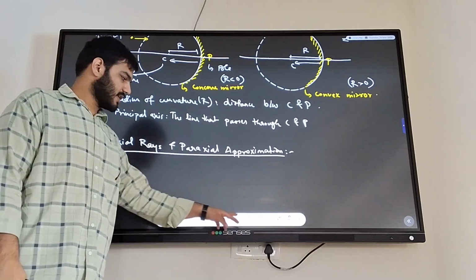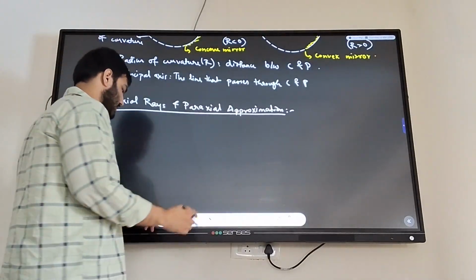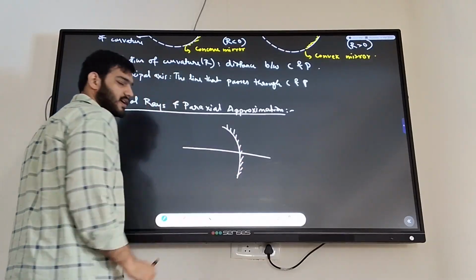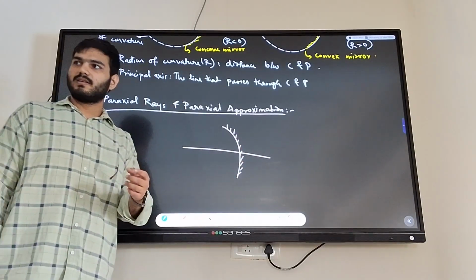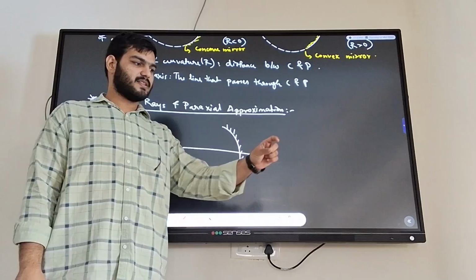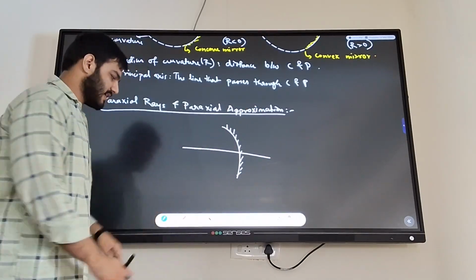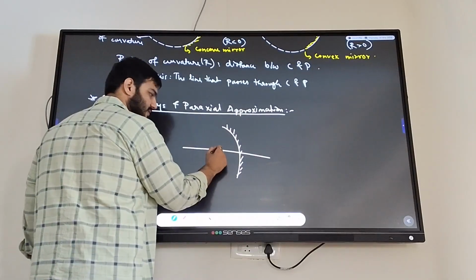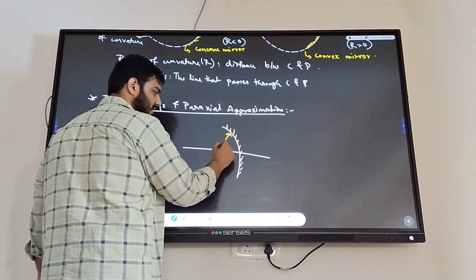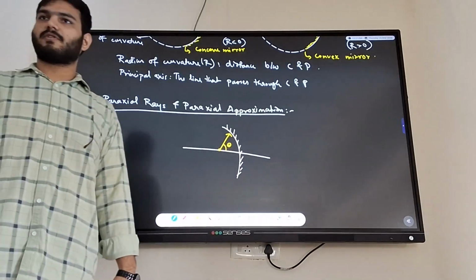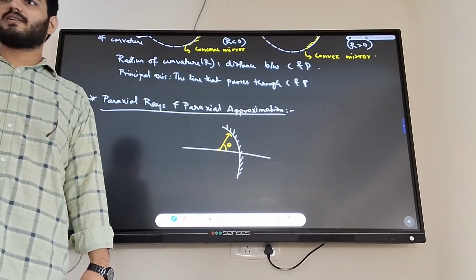Imagine you have a concave mirror like this. This mirror is not that big, maybe of this size or something. Let's say I have an object placed here, making some angle theta, and this theta can be 60 degrees, 75 degrees, whatever. It can be a huge angle.